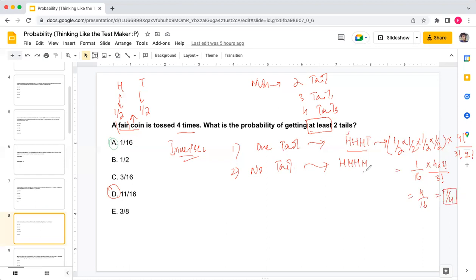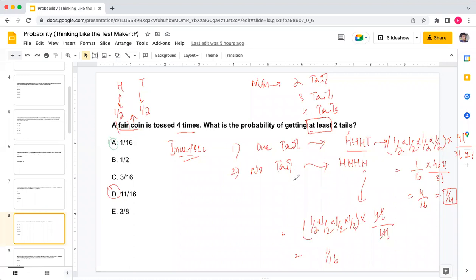And what is it for no tail? This will be for the first head 1 by 2, 1 by 2, 1 by 2, and 1 by 2. And all of these are identical, so it doesn't matter whether I put this head first or the third one first. If I use the Mississippi rule, that will be 4 factorial divided by 4 factorial. Right? So this will be just equal to 1 by 16.